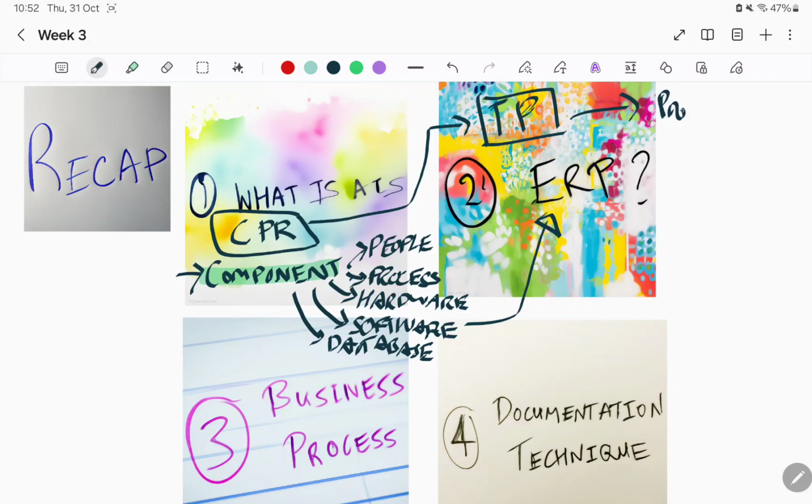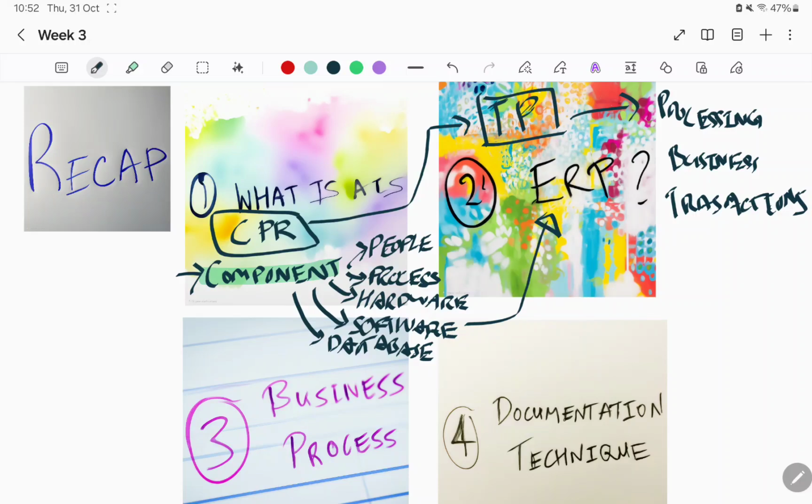Processing business transactions. In doing so, this ERP is an example of software.